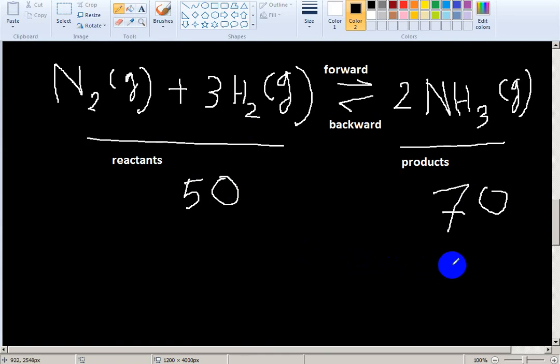Will the equilibrium shift from left to right or right to left? Right to left, yes. The equilibrium will shift right to left.